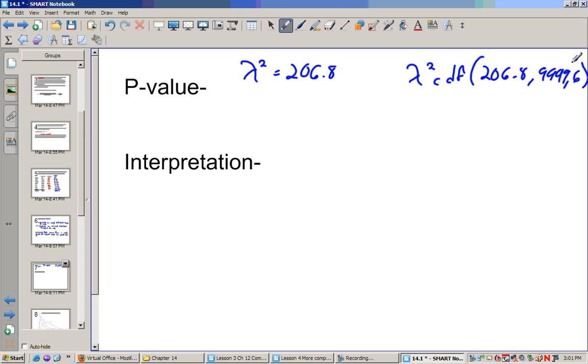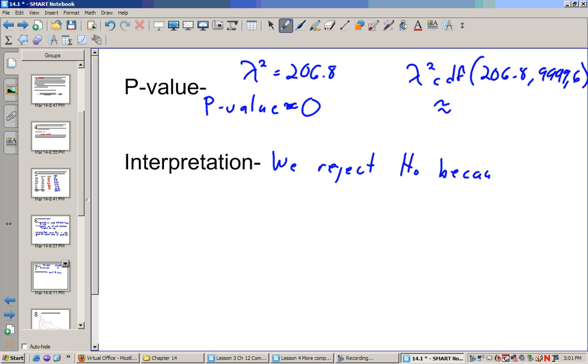Now this gives us a very, very low number. So our p-value is essentially 0. I have 6.7 times 10 to the negative 42nd. That's really low. So our interpretation is we reject our null hypothesis because our p-value is so low.